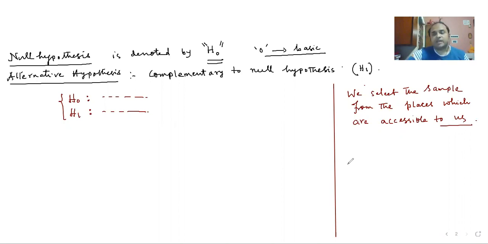For example, suppose we are staying in Kolkata. We are interested in knowing how many food technology students are interested in maths. First of all, we will try to find out in which universities or institutes of Kolkata this food technology program is available. In Techno India Salt Lake this program is available, and in Jadavpur University it is available.